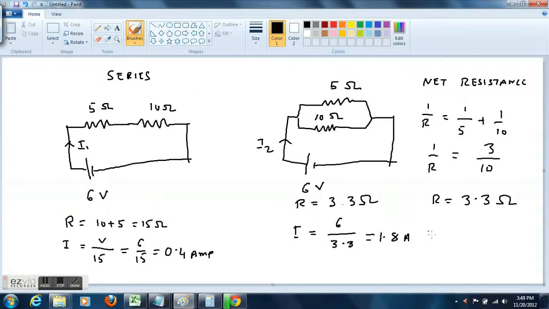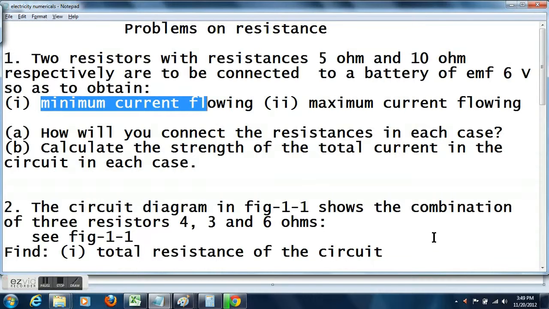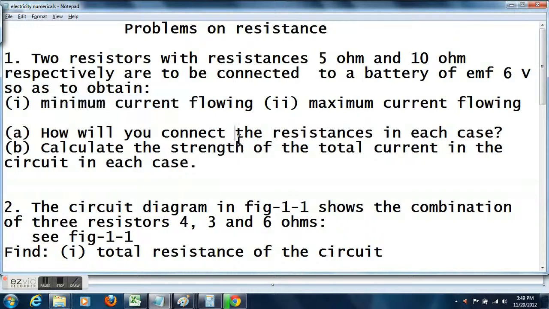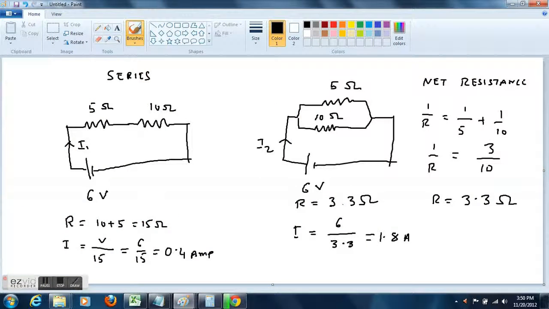So 0.4 ampere is lesser than 1.8. So in case of series connection, we get the minimum current flowing. So this is minimum. And 1.8 is the maximum.